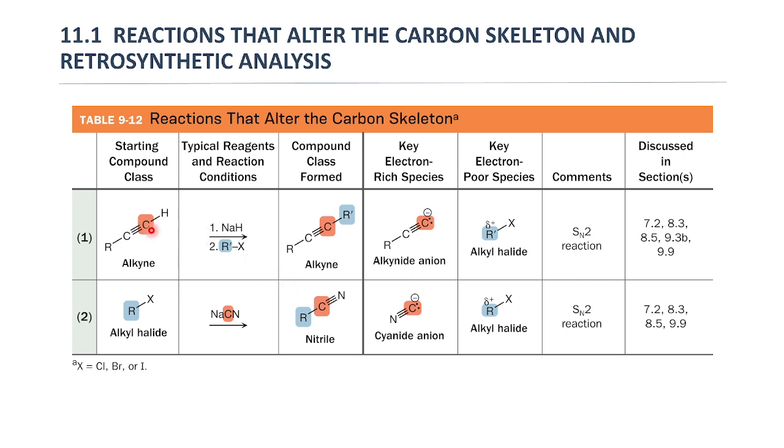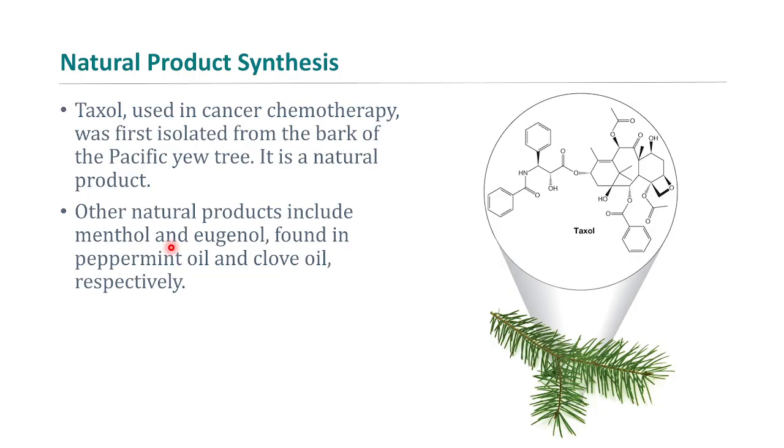This right here is some different reactions that will alter your carbon skeleton and your retrosynthesis analysis. Retrosynthesis is where we take the final product. Remember, when we're doing a synthesis, it's very rare for you to just be taking random reactants, throwing them together, and trying to make a random product.